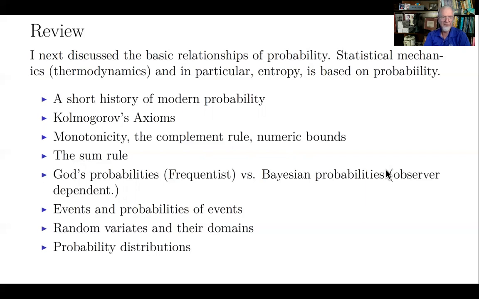So we did a short history of modern probability, Kolmogorov's axioms, monotonicity, the complement rule, numerical bounds, the sum rule.